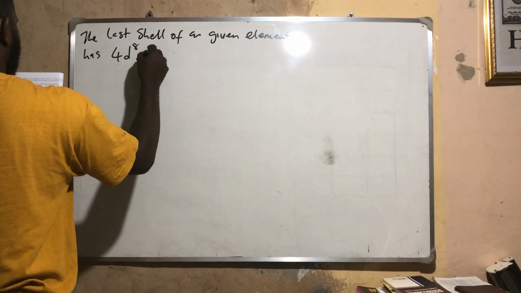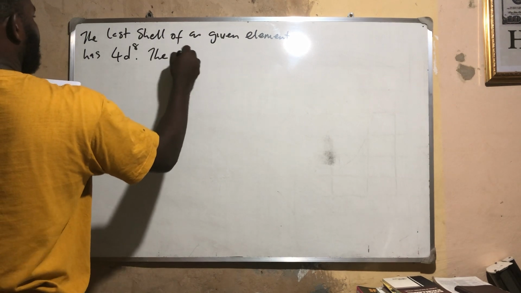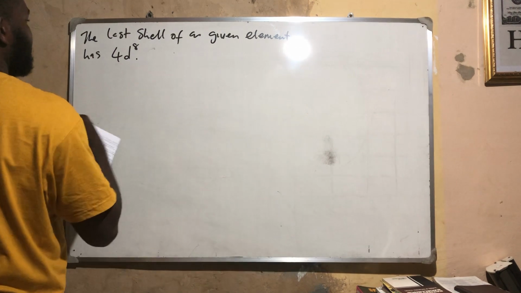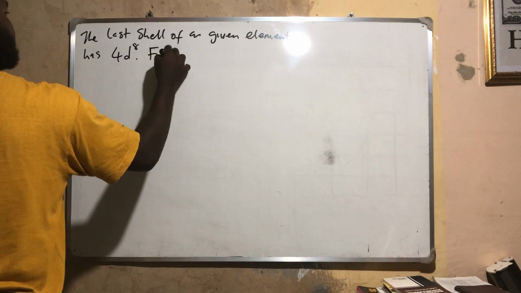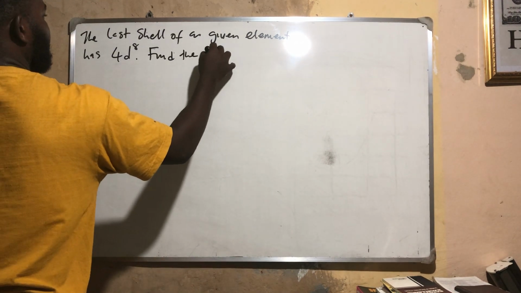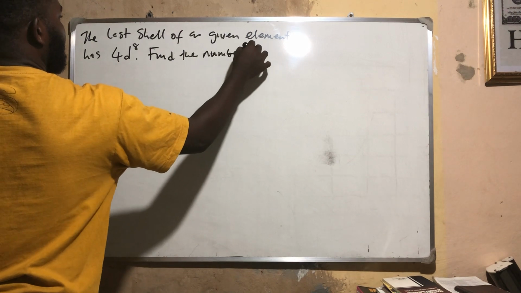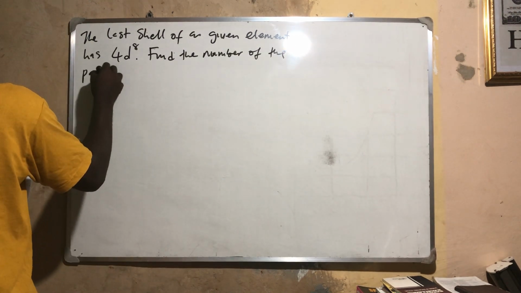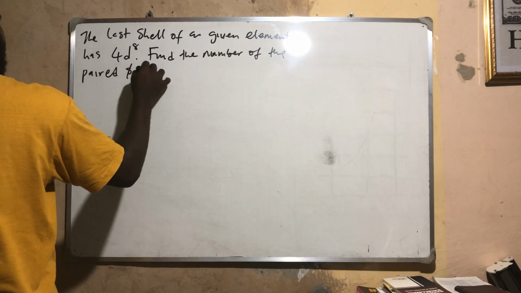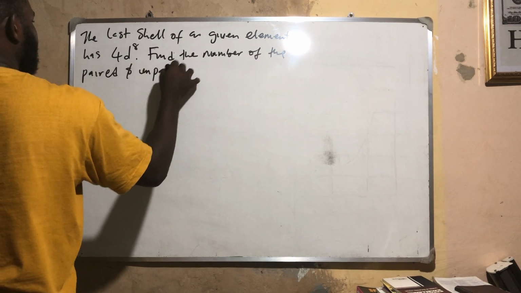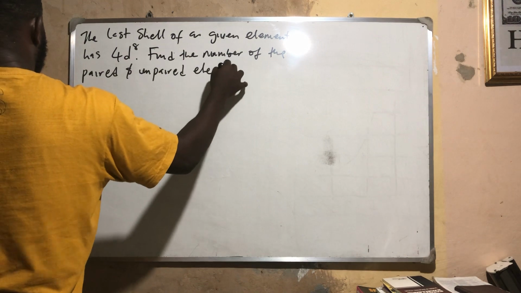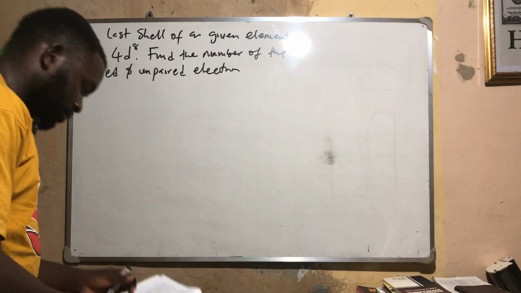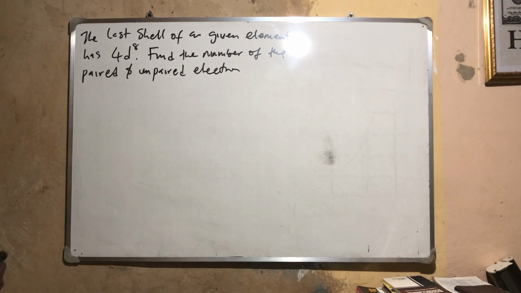Full stop. Then it says find the number of the paired and the unpaired electron.